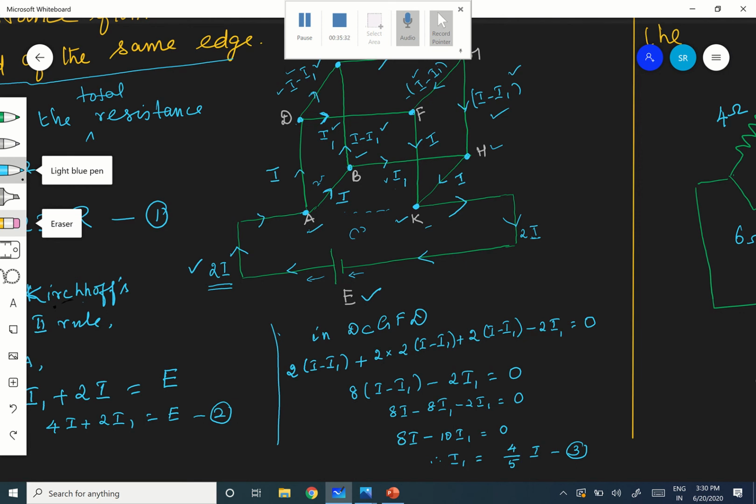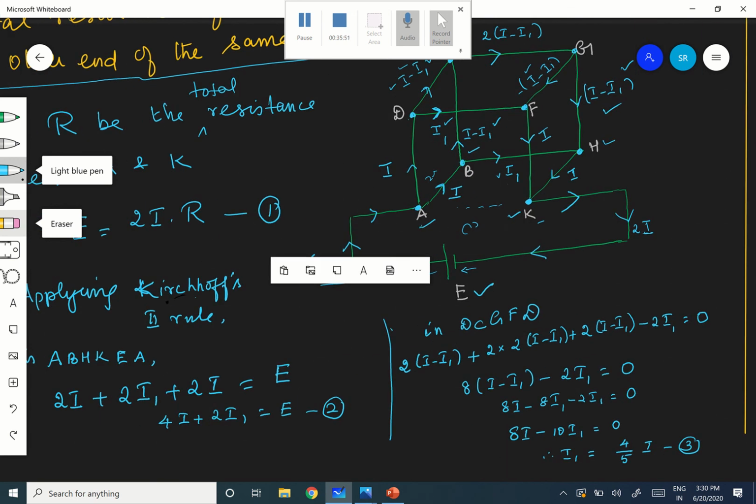Equation 2 is 4I plus 2 I1, that is equal to E, no? But I have got I1 equal to 4 by 5 I. Therefore substitute 3 in 2.